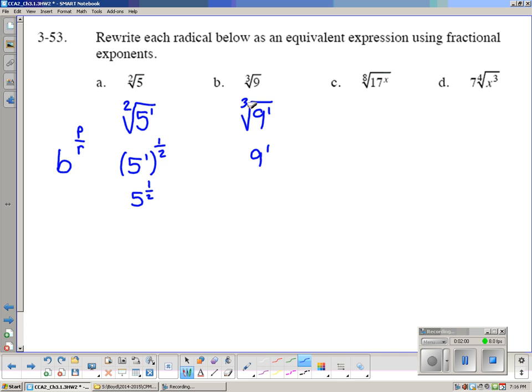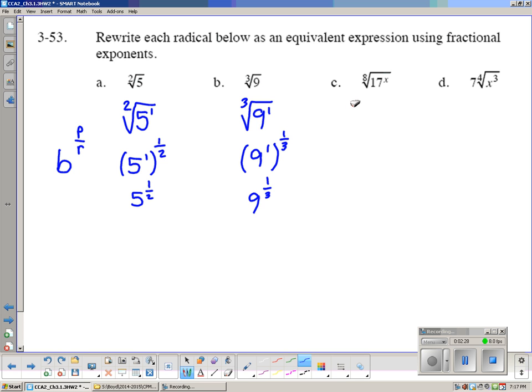Another way to write the cube root would be to take something and raise it to the 1/3 power. Using our properties of exponents again, taking a power and raising it to a power, we multiply them. So we have 9 to the 1/3 power. This is the same thing as saying the cube root of 9.